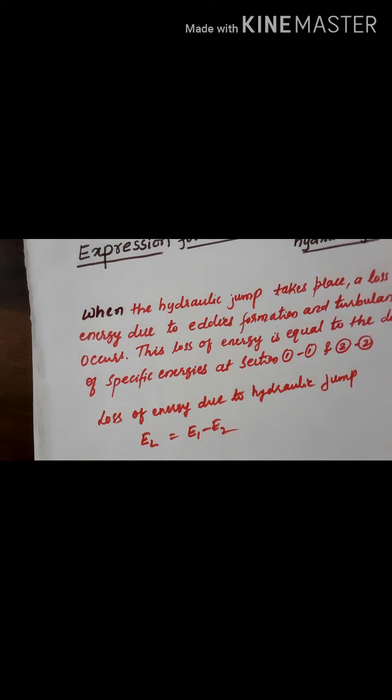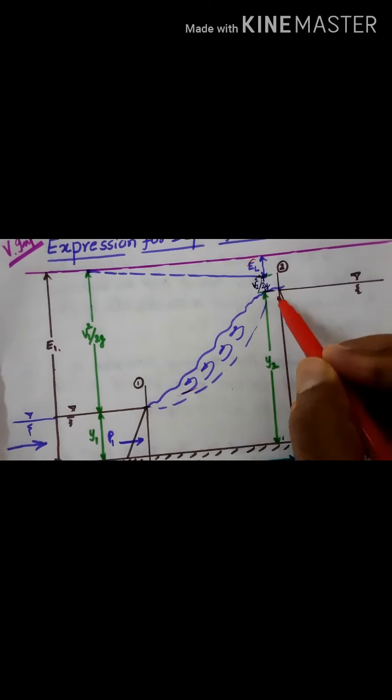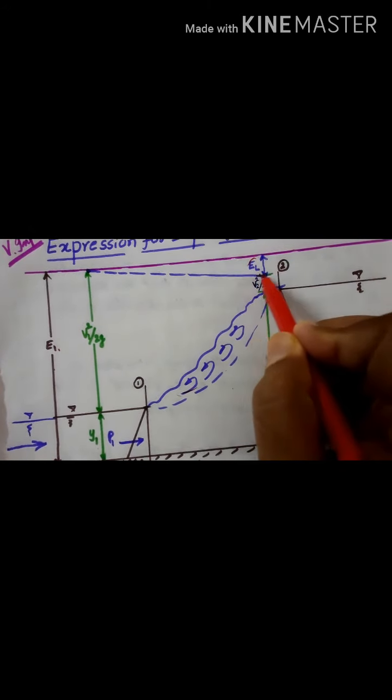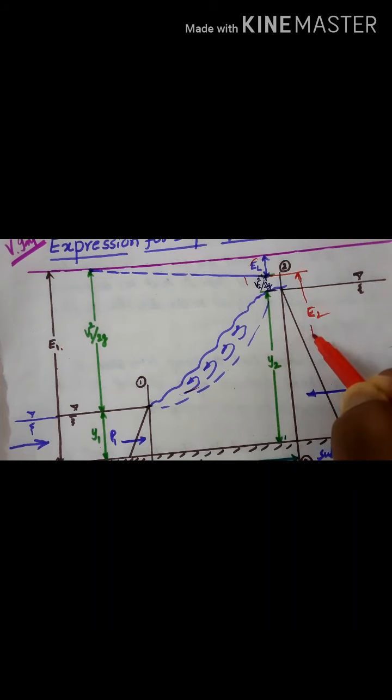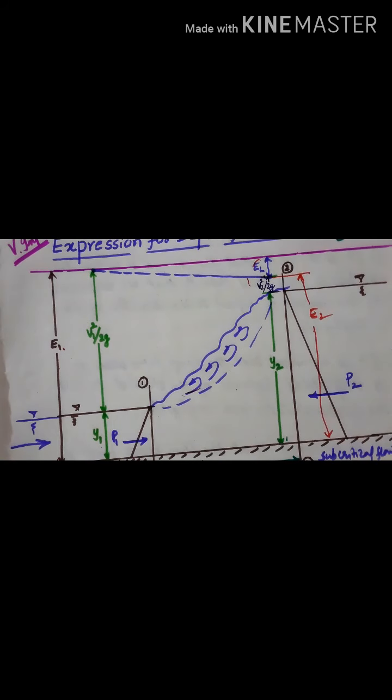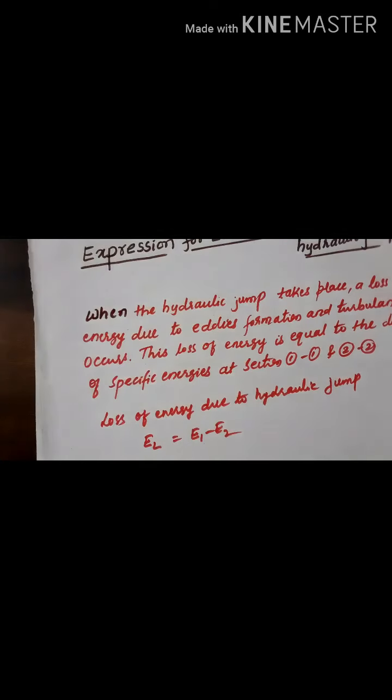In this figure, the energy at section 1 is E1 and the energy at section 2 is E2. If you take the energy here, this will be E2. Then the difference between E1 and E2 will be EL.